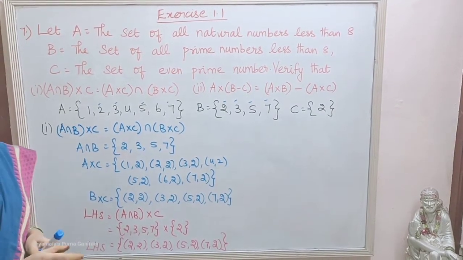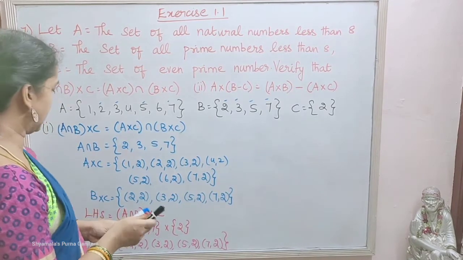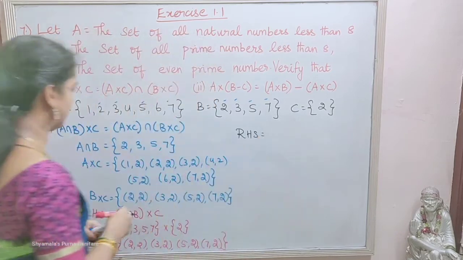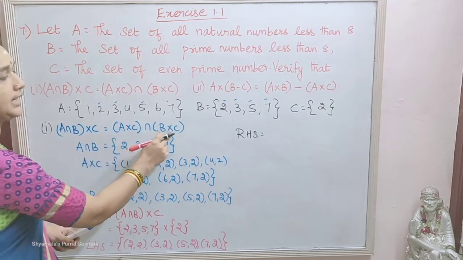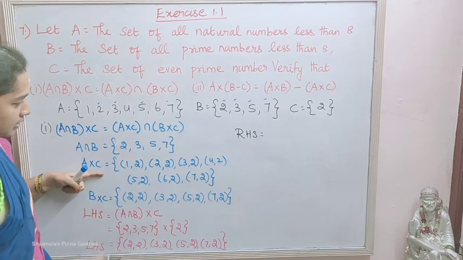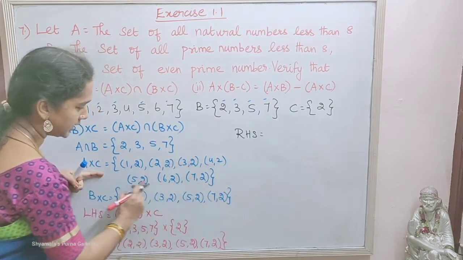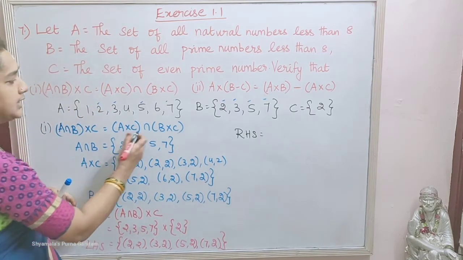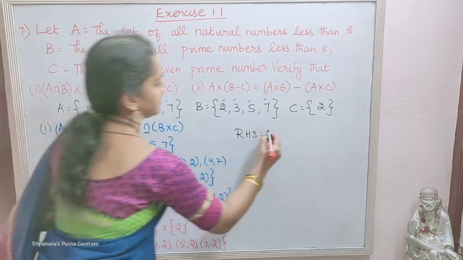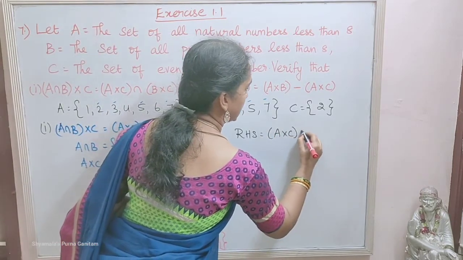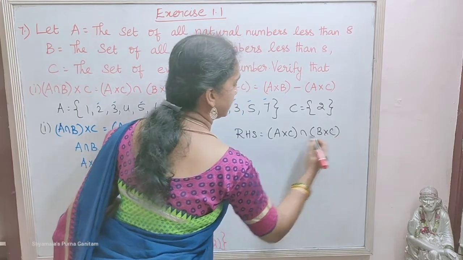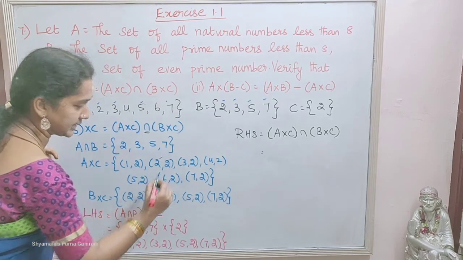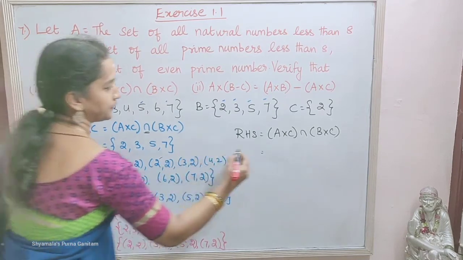Now we will find the RHS value. RHS is A cross C intersection B cross C. A cross C we already found, and B cross C is these 4 ordered pairs. Now we find the intersection, so only the elements common to both sets we write.